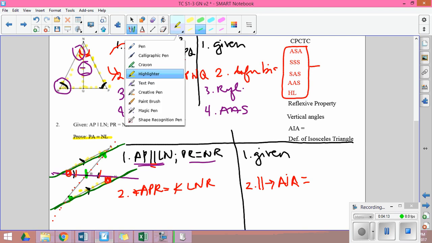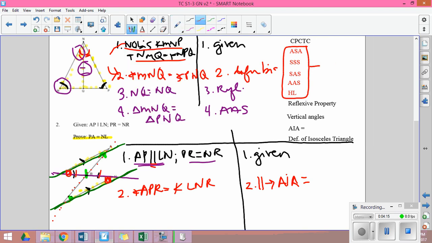So I'm going to go ahead and use my vertical angles because I always look for those in pictures. And so I'm going to say that angle PRA is equal to angle NRL, this one and this one. And the reason that is true is vertical angles.